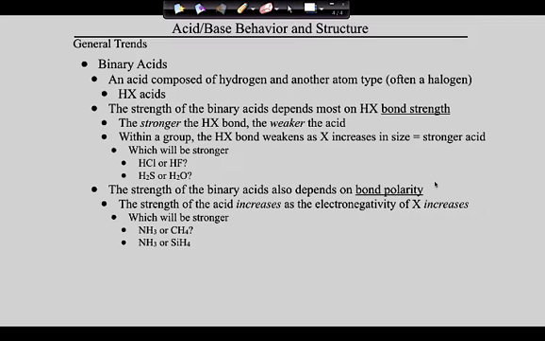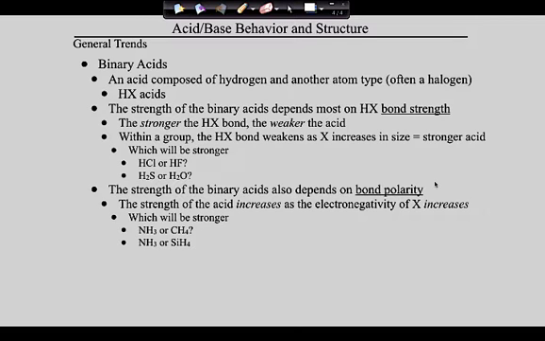Based upon their position in periods, nitrogen is to the right, so it will be more electronegative, so we would expect that to be the stronger acid. But then when we go down, silicon is below nitrogen, which means silicon is bigger, therefore its bond with hydrogen would be weaker, so we would think that silicon would be the stronger acid.